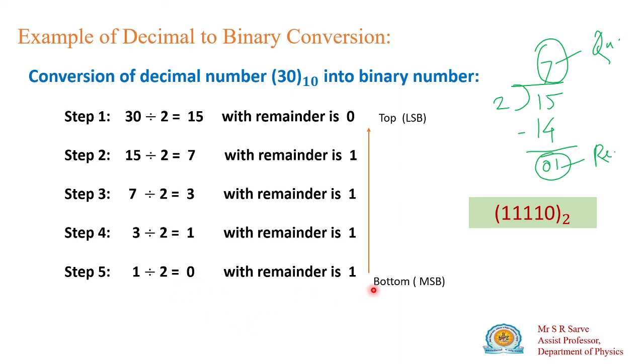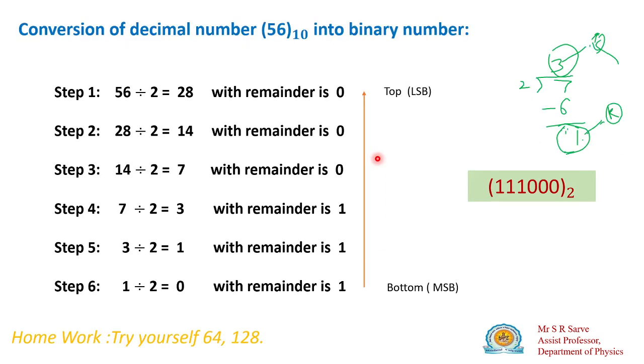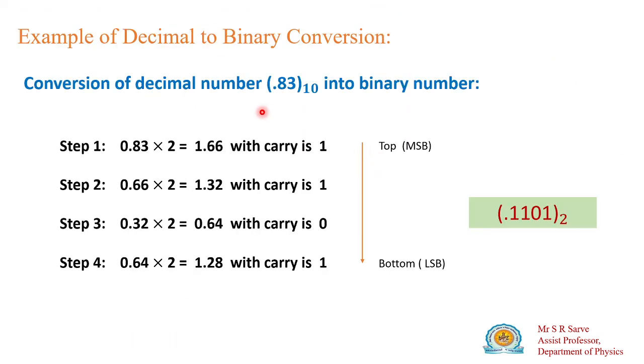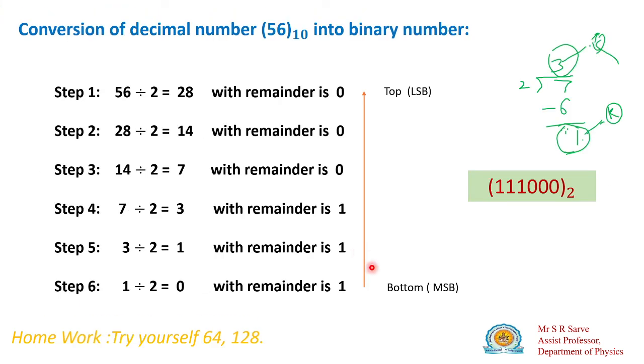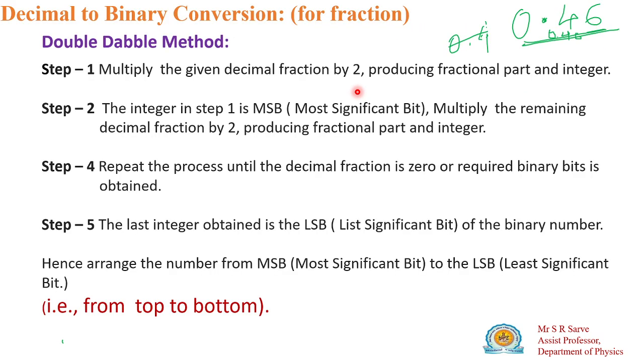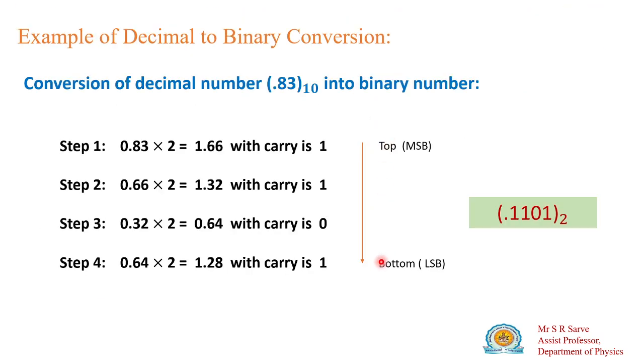While writing the number, write it from bottom to top. If the number is a fraction, then multiply it with 2, till we get the required binary digits, and write the number from top to bottom. The difference between the two is that for an integer we write the number from bottom to top, and for a fraction we write it from top to bottom.